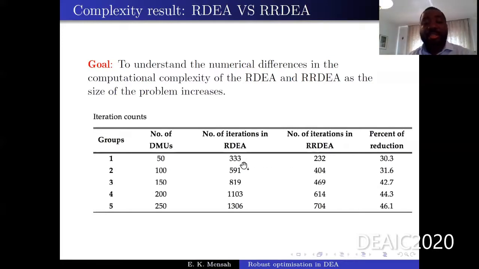And you can see the same analysis for the other group of DMUs, 100 up to 250, where in each case you see the percentage of reduction for the reduced robust DEA. So in all, for the 250 DMUs, you can see that we have reduced almost 50% of the iteration count that save computational cost and time that would have otherwise be involved in the normal robust DEA model.